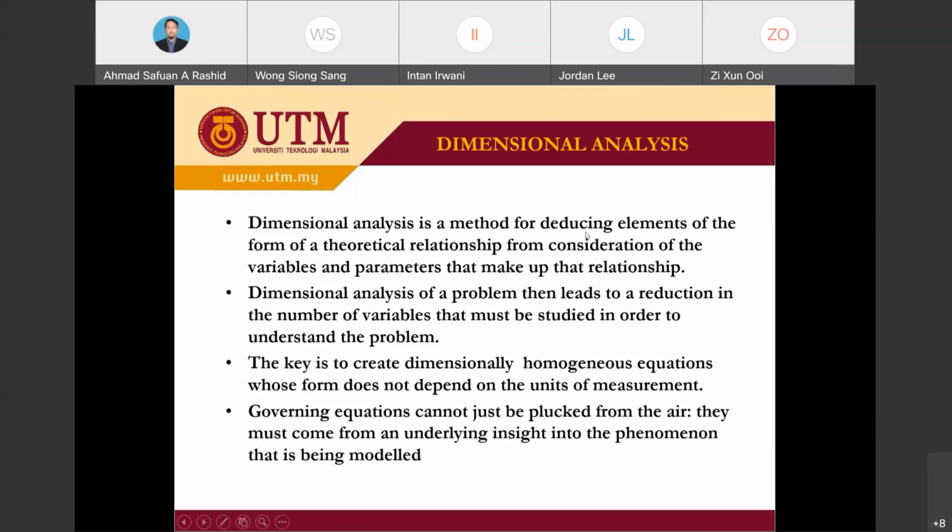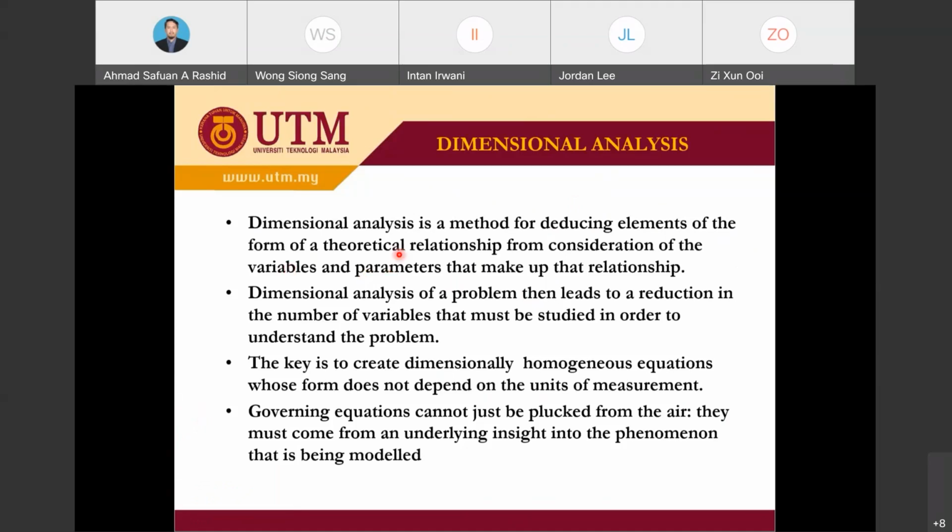So we want to get all the important elements, which are considered as variables and parameters that make up any relationship related to any problem that we want to investigate.